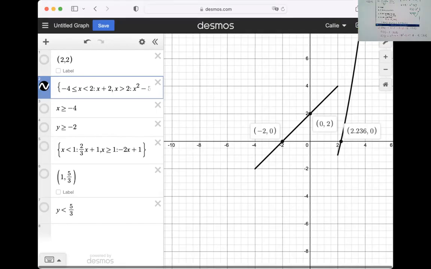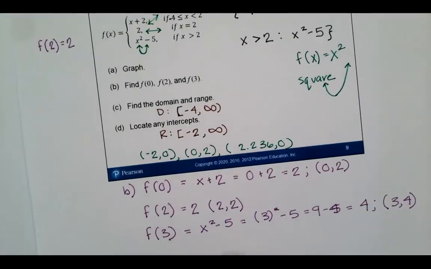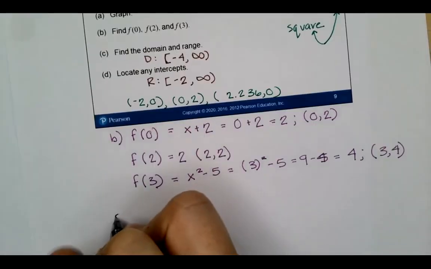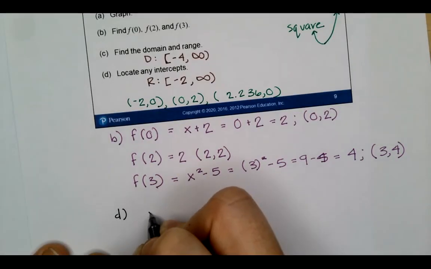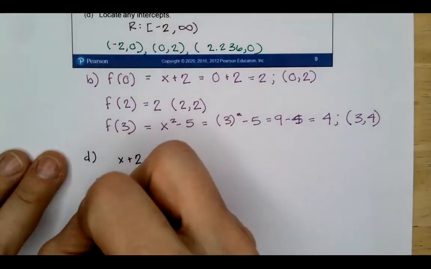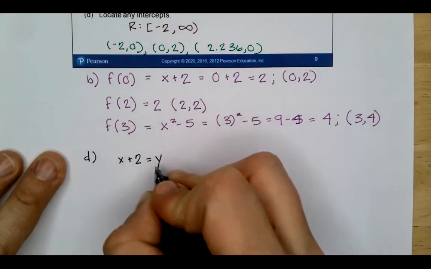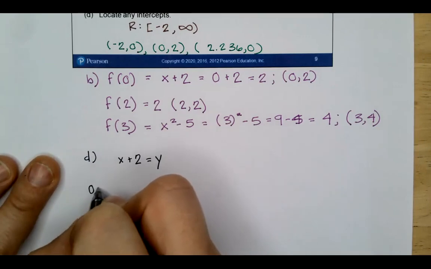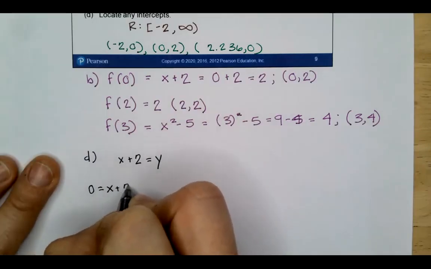If you want to do it algebraically, you're welcome to do that. What you need to do is take each of those equations, x plus 2, and to find your x-intercept, we set y equal to 0. So 0 equals x plus 2.